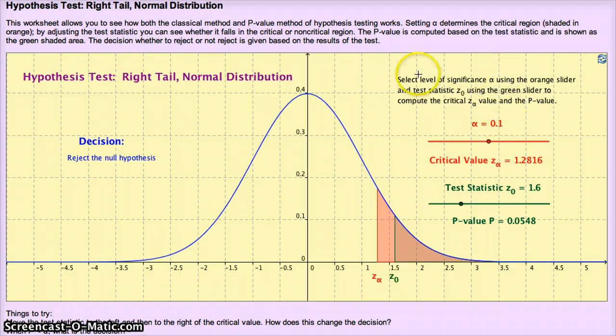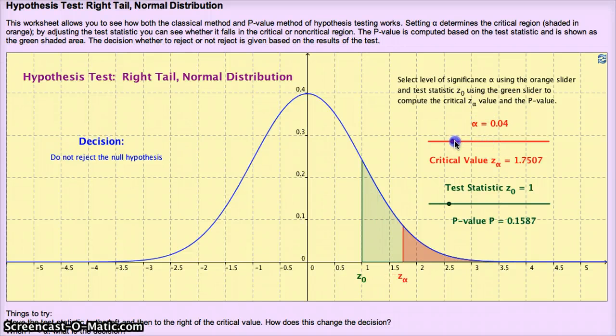Now in this worksheet, this is at my website purplemonkeymath.com, so you can come here and you can play with these values to see how the comparison works and how you get the decision based on comparing either the test statistic and the critical value or the p-value and alpha. So you can adjust alpha. Let's say we move alpha to 5%.